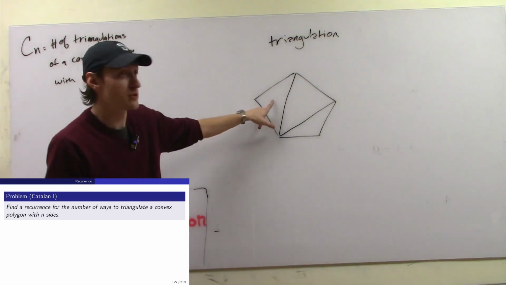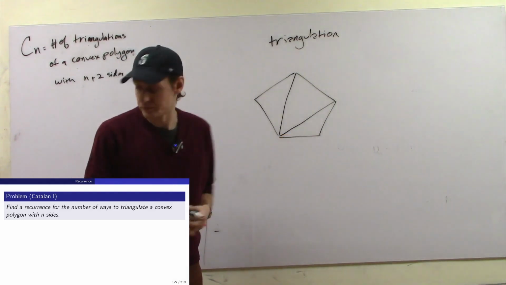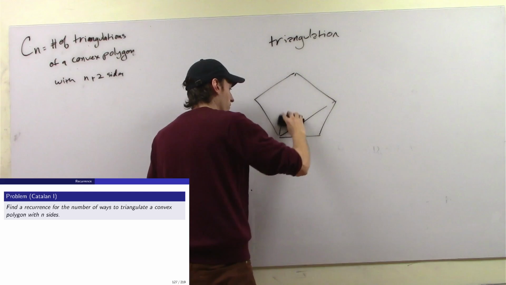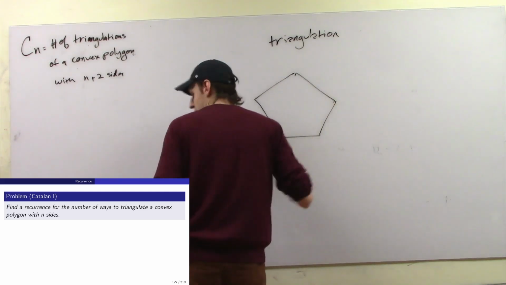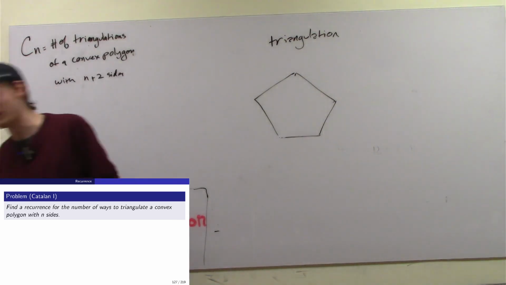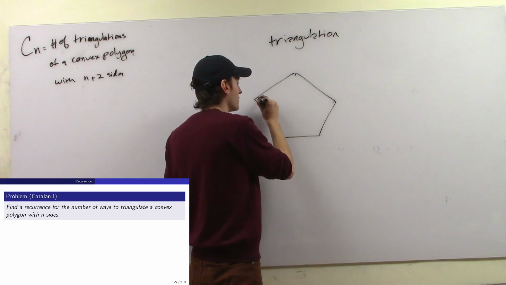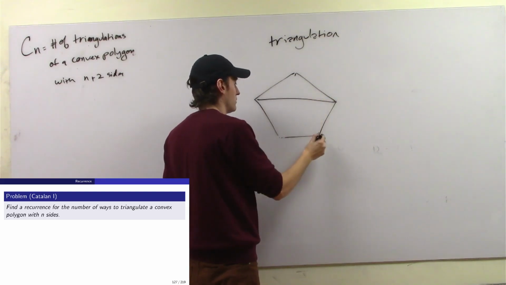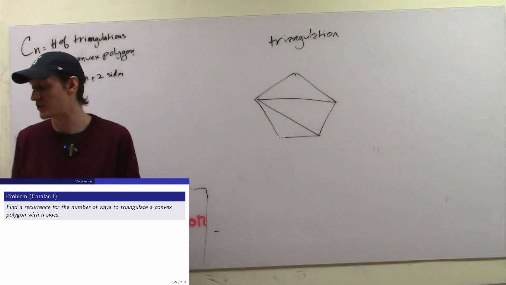Now I have this here as a triangle, this is a triangle, this piece right here is a triangle. There's another way to have done this though. I mean, there are several ways, as we'll find. I could also have done this triangulation here, like this, as another valid triangulation.